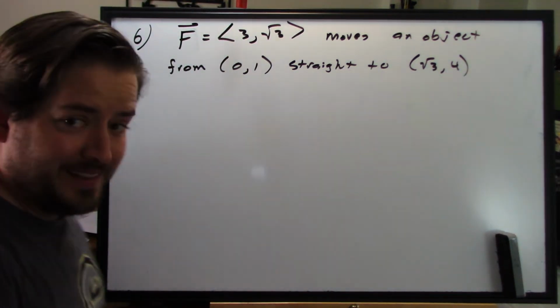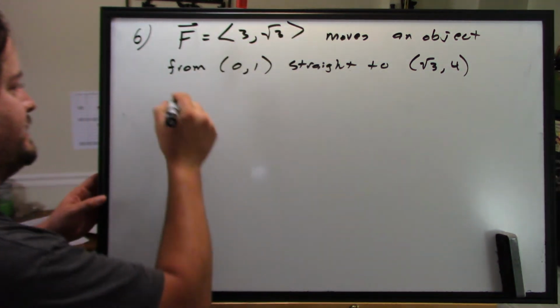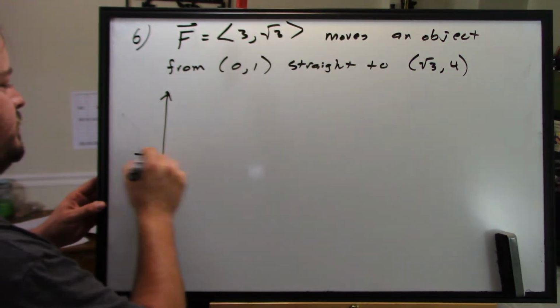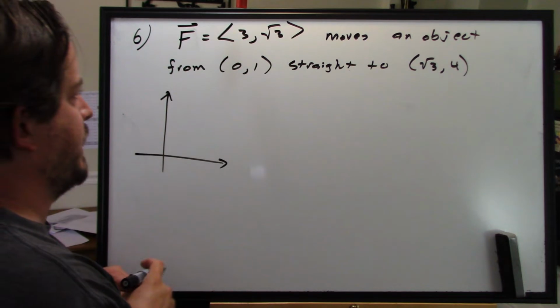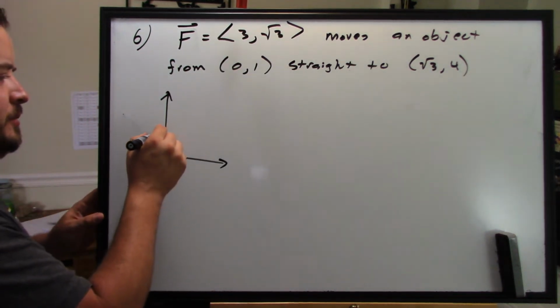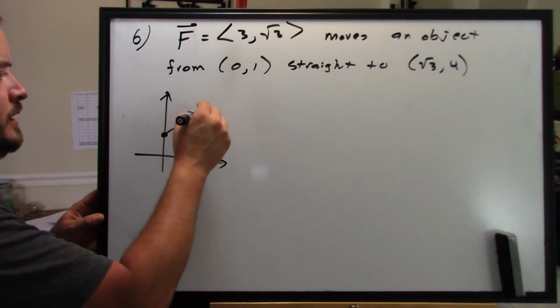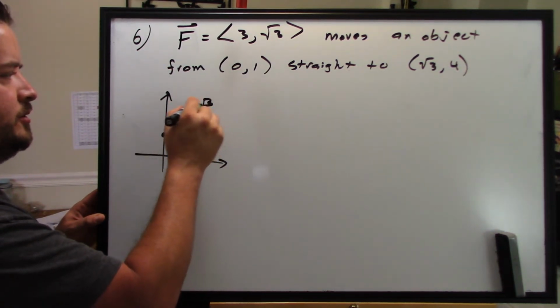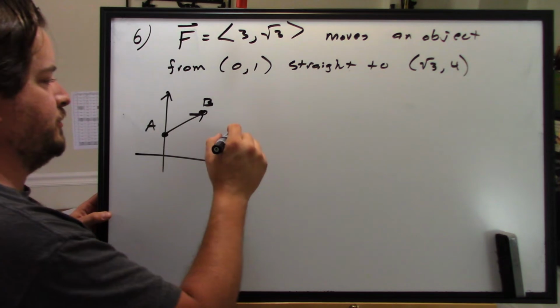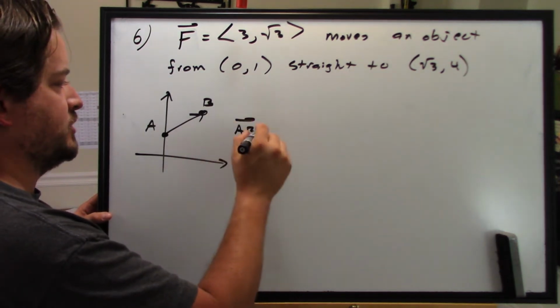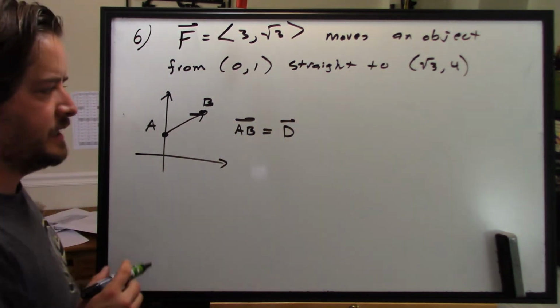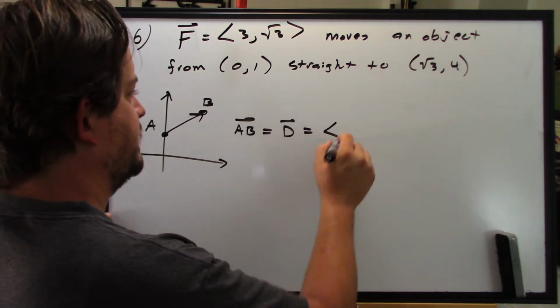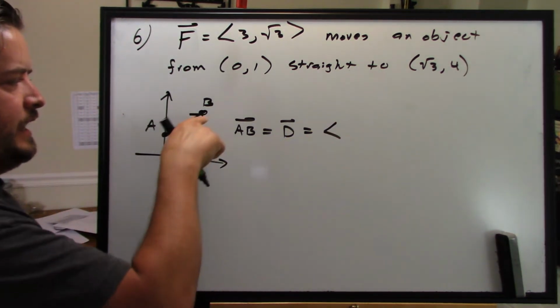Then they want you to find the distance as a vector. So that is to say, I've got this object, and the fact that it's being moved by a force doesn't matter here. I'm moving from a particular point to another point, right? I can consider this a vector where this is my terminal B, this is my A, and so the vector AB is what he's calling the vector D in this case, which is simply the x component of the end, right?